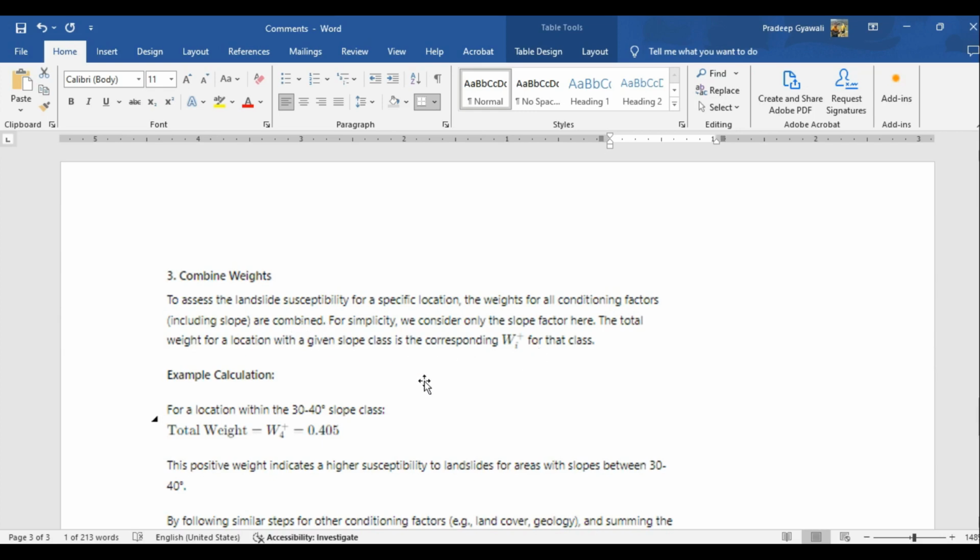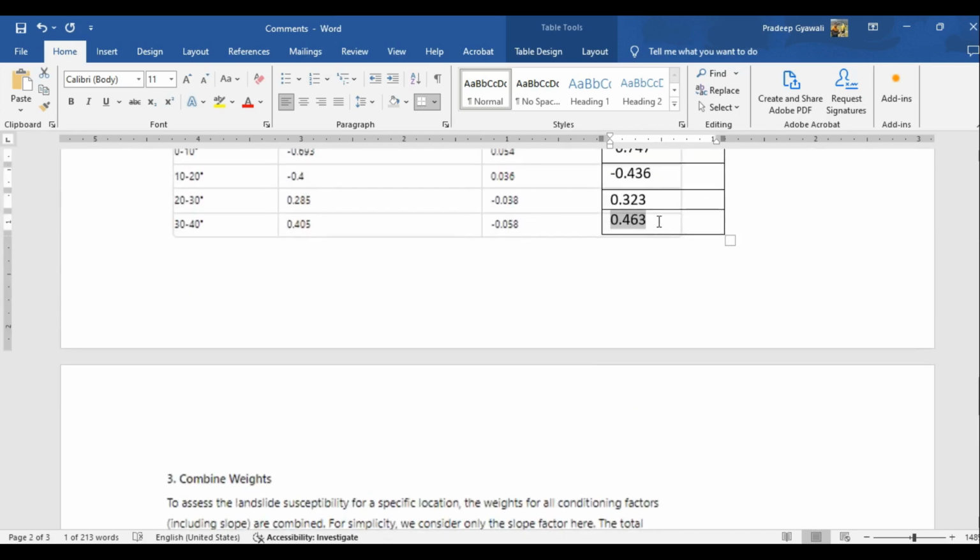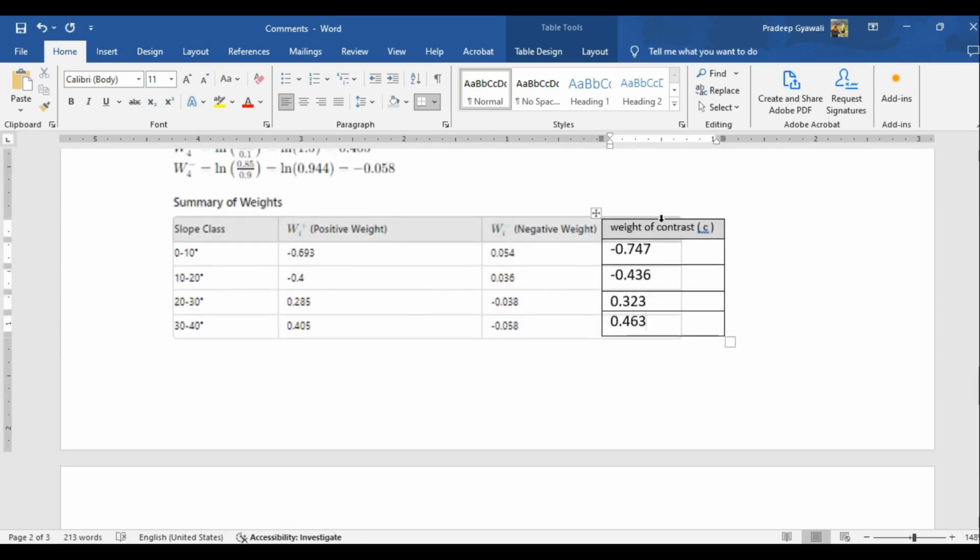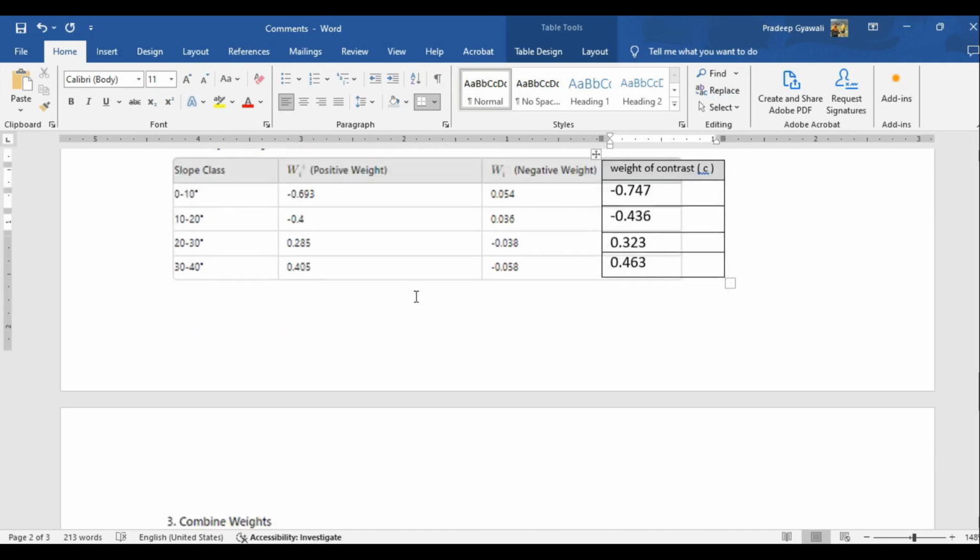Here the total weight for a location within a given slope class corresponds to the positive weight of evidence for that class. I already said that 0.463 is the greater weight of contrast in this case. So landslide occurrence is more in this class as compared to others.